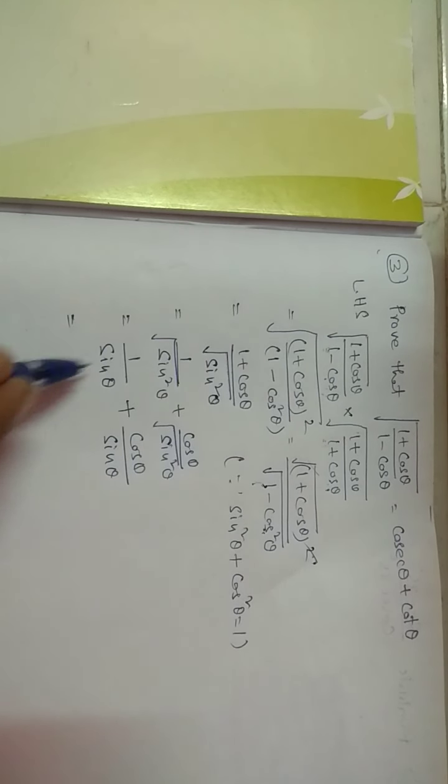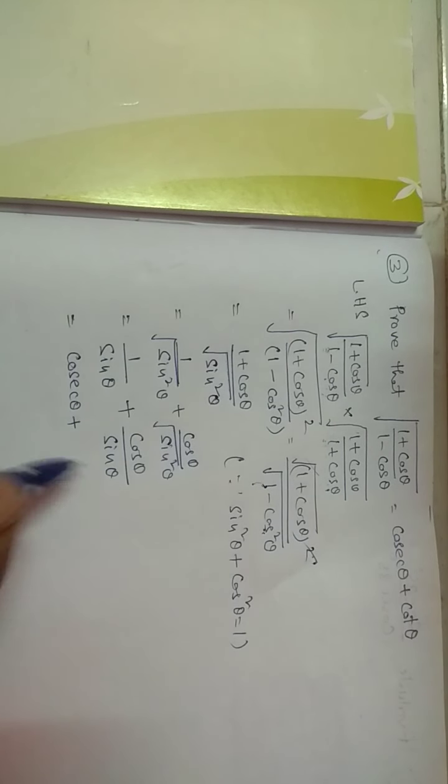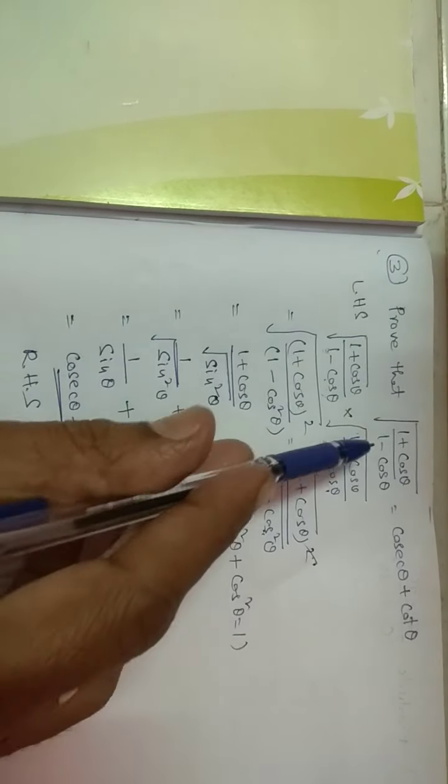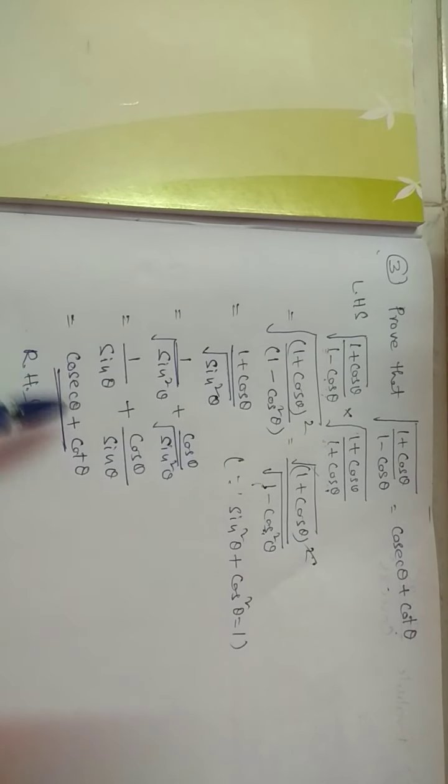Now 1 by sin theta is nothing but cosecant theta, plus cos theta by sin theta is nothing but cot theta. So this is the right hand side. So LHS equals RHS, cosecant theta plus cot theta. So this is the RHS.